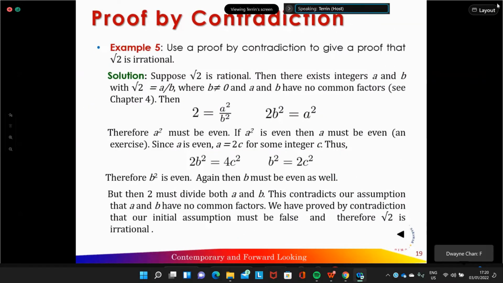Now, use a proof by contradiction to give a proof that the square root of 2 is irrational. This is tricky because they just say the square root of 2 is irrational. So how are you just going to put that? Remember, this is using contradiction.